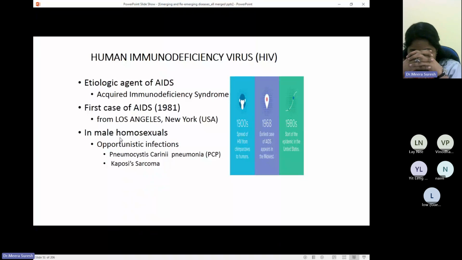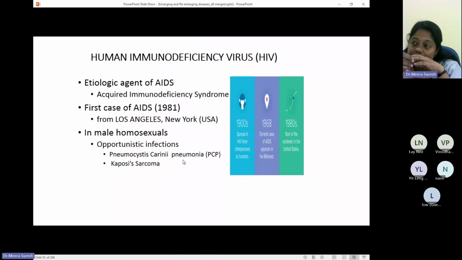So at that time, during 1981, some number of patients who were males came with a particular type of pneumonia. And very soon, the physicians were able to find it was due to Pneumocystis carinii pneumonia.